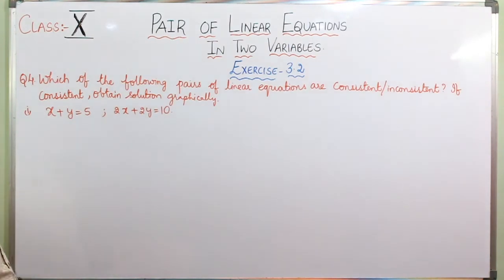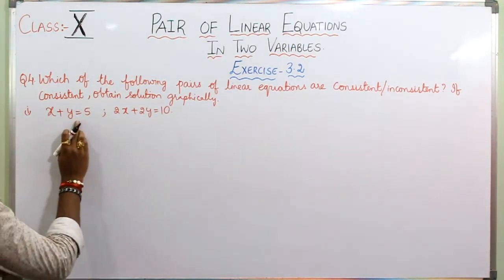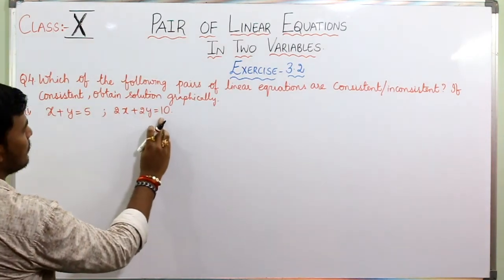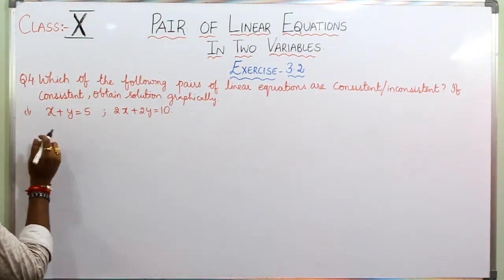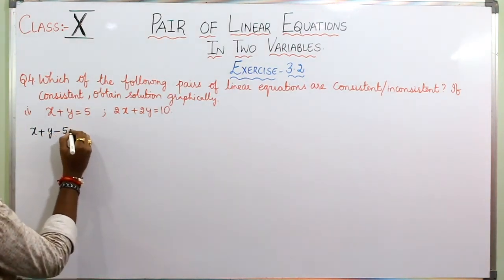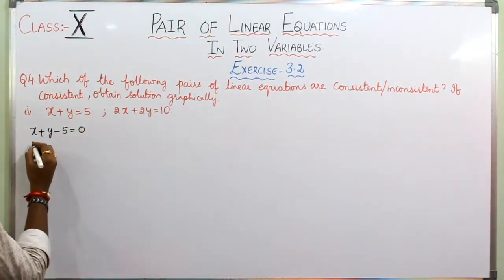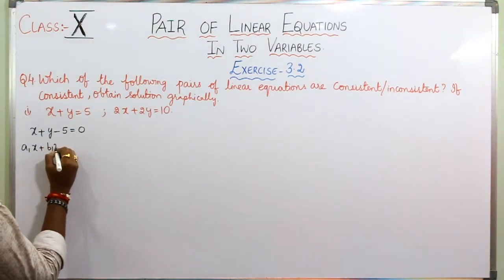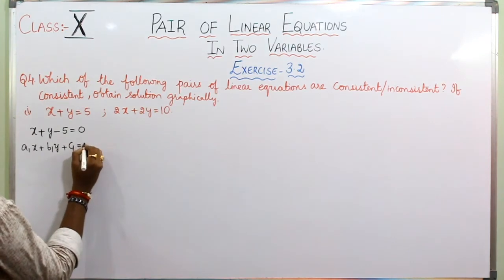Okay, let us start with the first problem, that is x plus y is equals to 5, and the second equation is 2x plus 2y is equals to 10. So first equation, let us write it as x plus y minus 5 is equals to 0. Compare it with a1x plus b1y plus c1 is equals to 0.